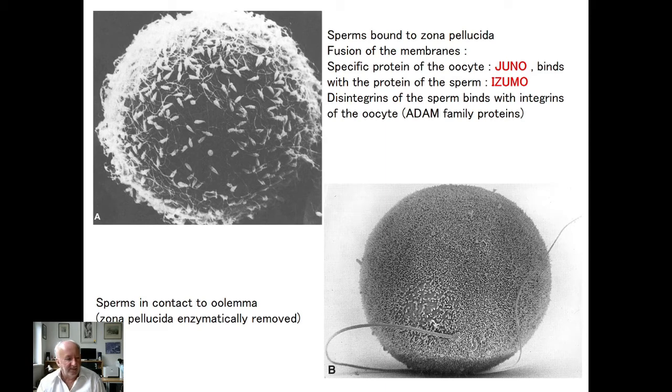There are two basic and important proteins. Maybe you have heard about them. Those proteins are very important receptors. One such protein is in the membrane of the sperm, Izumo, and the second important receptor is in the membrane of the oocyte, which is called Juno.